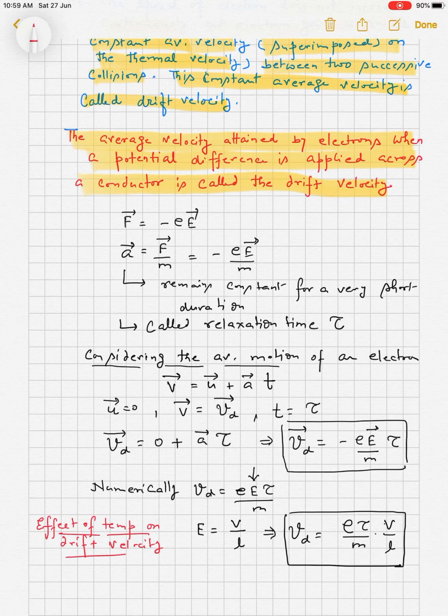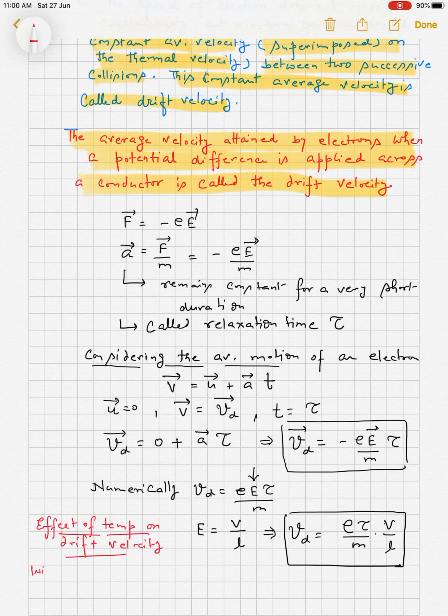Then this causes an increase in the number of collisions of electrons with ions of the lattice and hence a decrease in relaxation time. So with increase of temperature, relaxation time decreases.